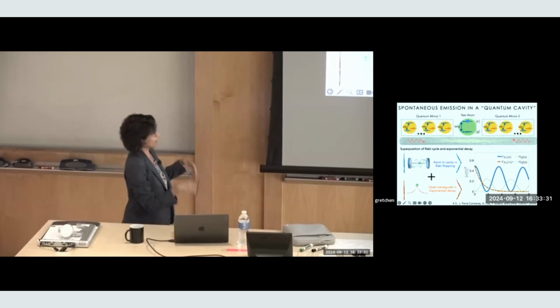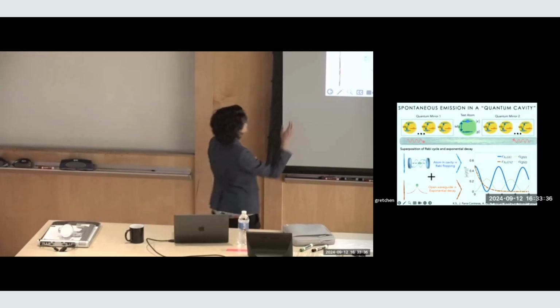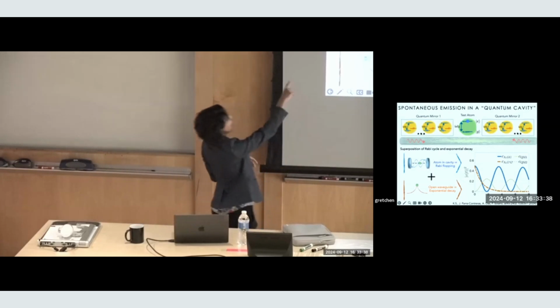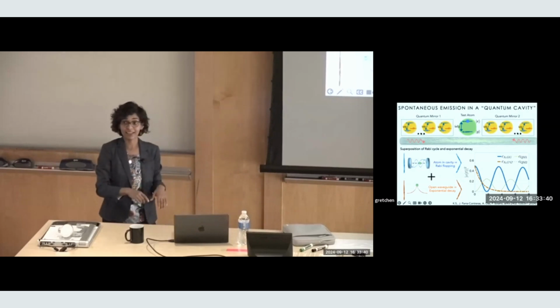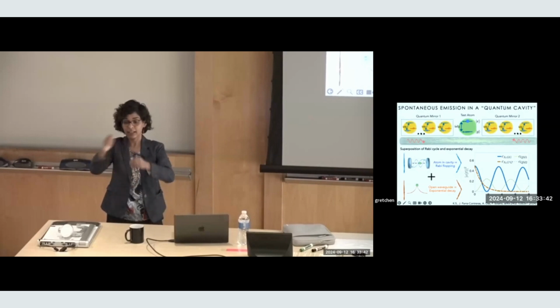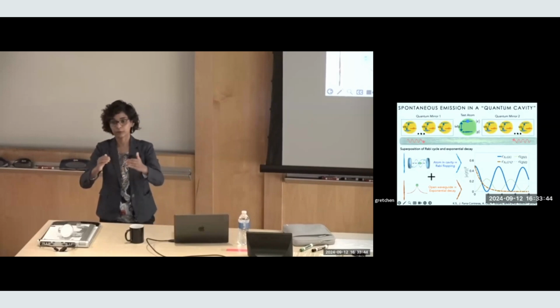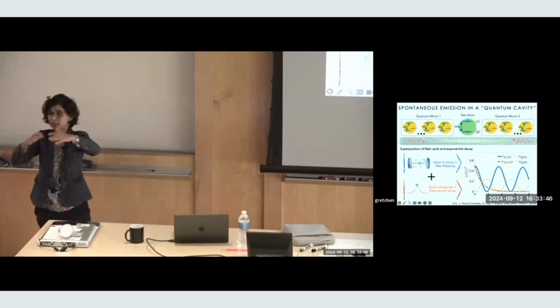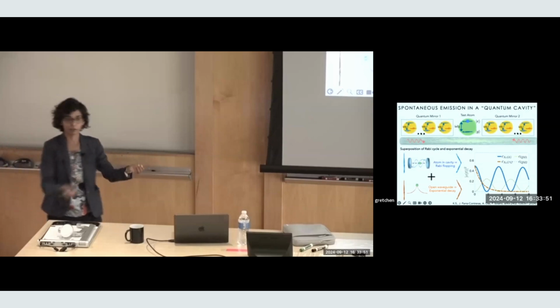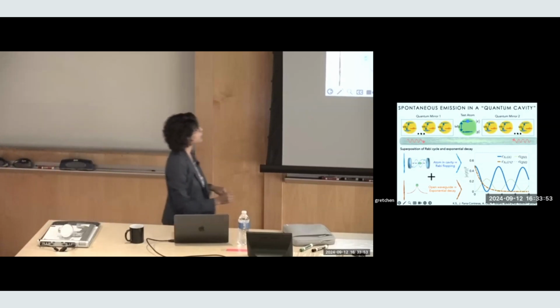So as a result, you can have a quantum superposition of scenarios where your atom is actually decaying in a very good cavity, and therefore you should see a coherent exchange of excitation between the atom and whatever the cavity mode is, which is this phenomenon of Rabi cycle that some of you may be familiar with.